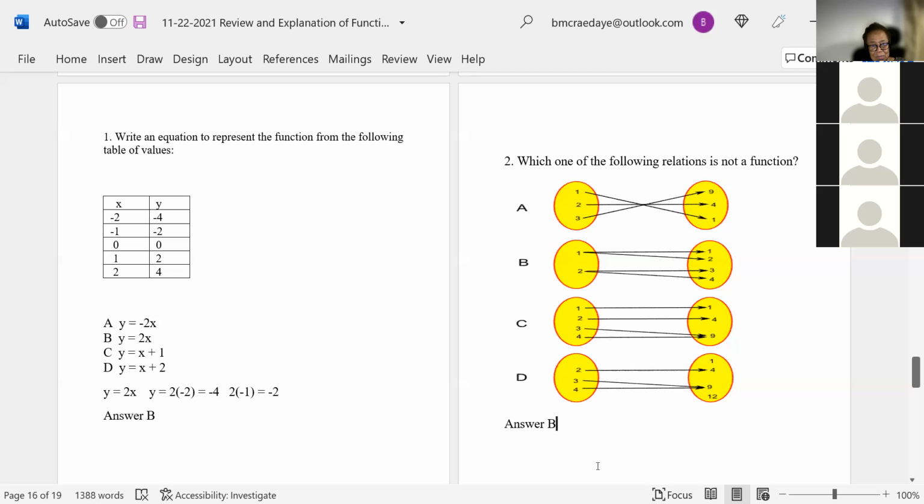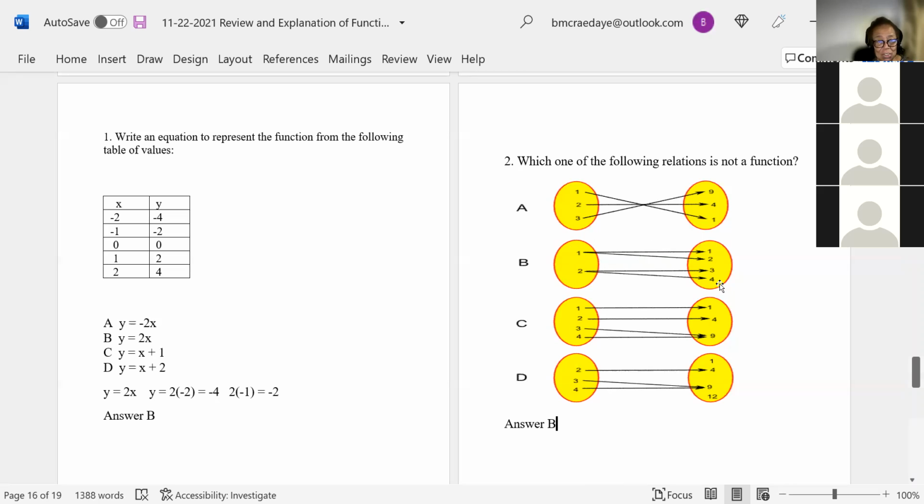Because the 1 is connected to 2Y. See, the 1 is mapped to 2Y. So that means it's not a function because it should be a 1-to-1. 1 is mapped to 1, 1 is mapped to 2. 2 is mapped to 3, and 2 is mapped to 4.